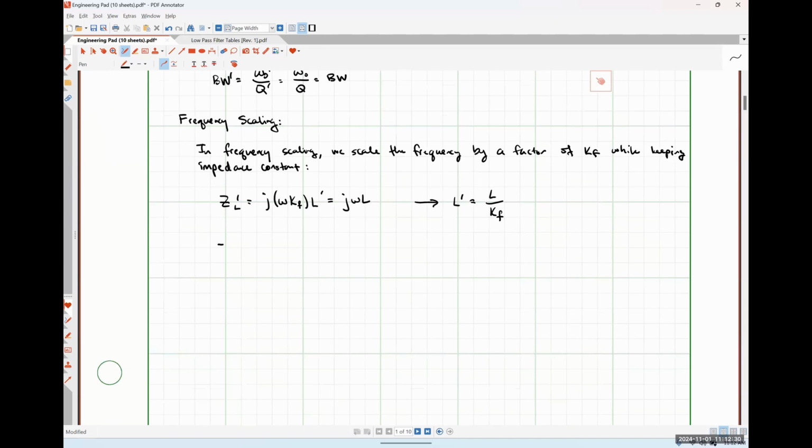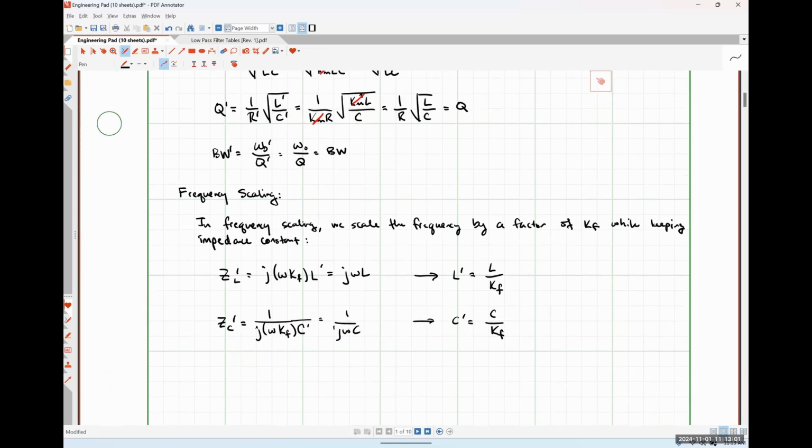For our capacitance, our scaled version is going to be 1 over j omega K_F times C prime, and this has to be the same as 1 over j omega C. And so we can see then that our scaled version of C is just C divided by K_F.